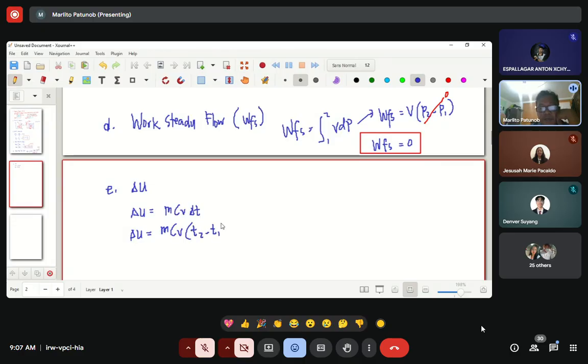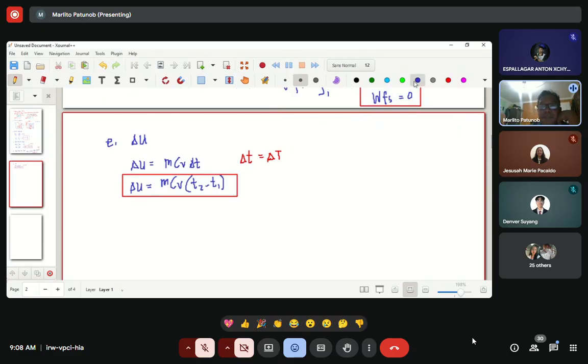You can have it in ordinary temperature, or you can also have it in absolute temperature, because you know already that delta T in ordinary is equal to delta T in absolute.